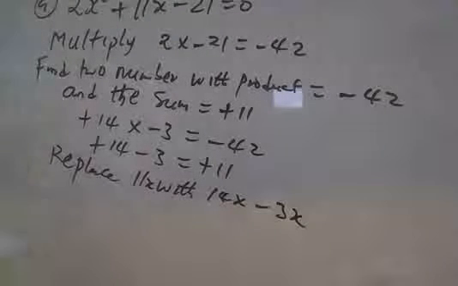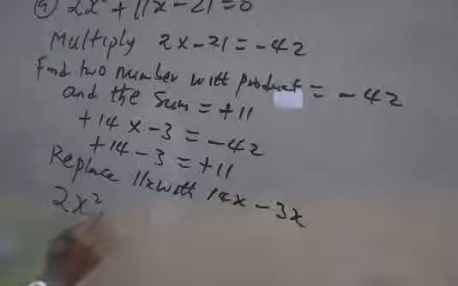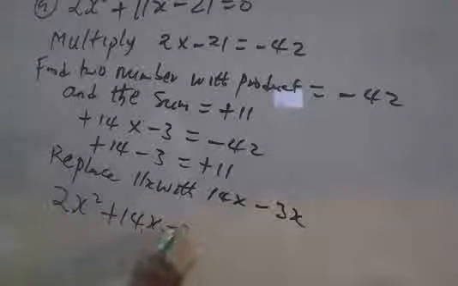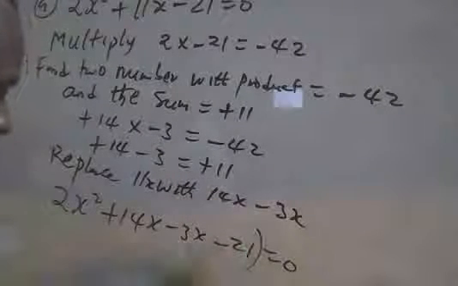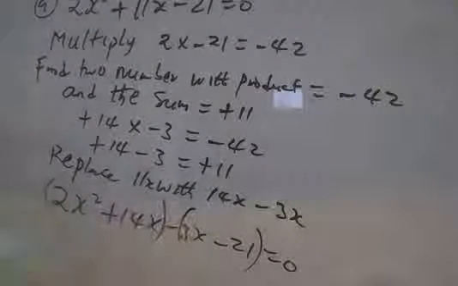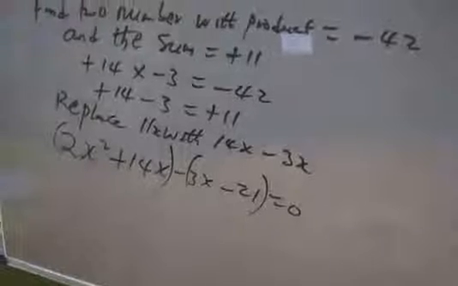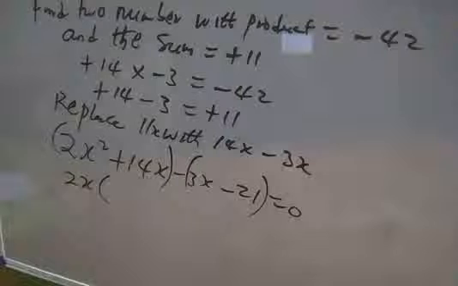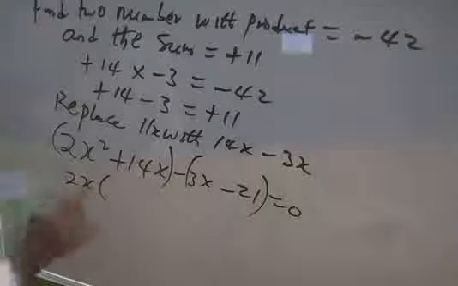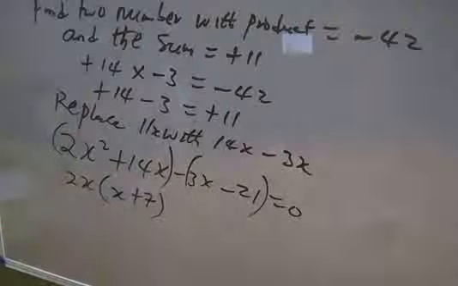So the equation becomes 2s squared plus 14s minus 3s minus 21 is equals to 0. So you factorize by grouping them. If you factorize by grouping them, then what is common here is 2s. 2s into bracket s plus 7.